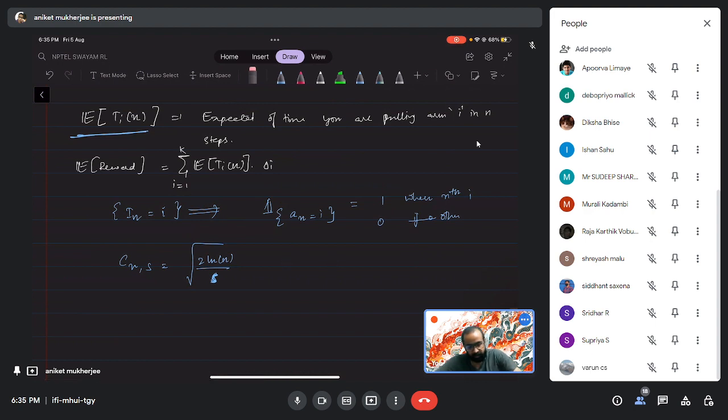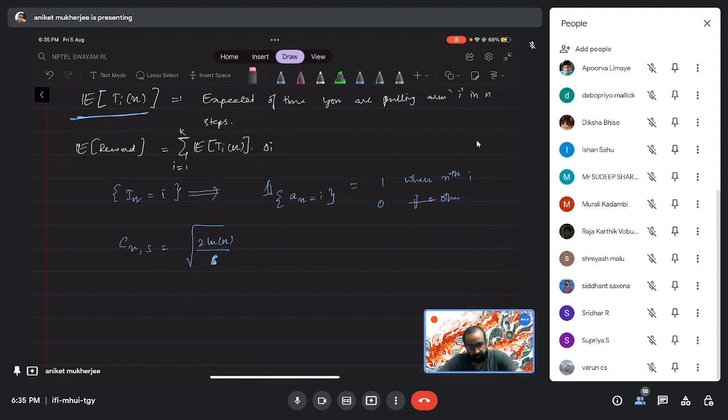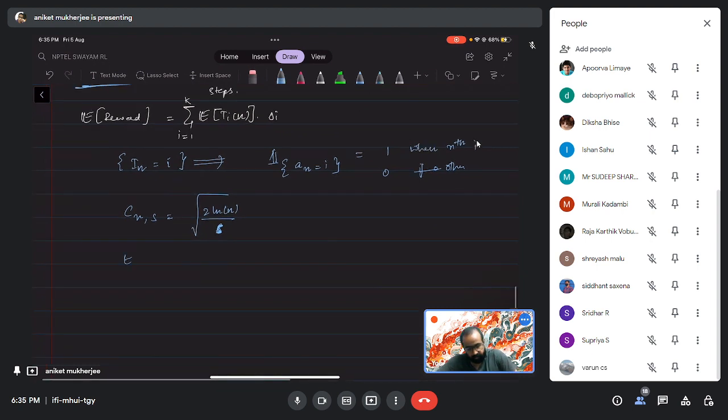Let me write it down. Expected T_i(n) is equal to 1 plus the summation m equal to k plus 1 to n of the indicator that I pulled the ith arm, from k plus 1. Does this step make sense to everyone?